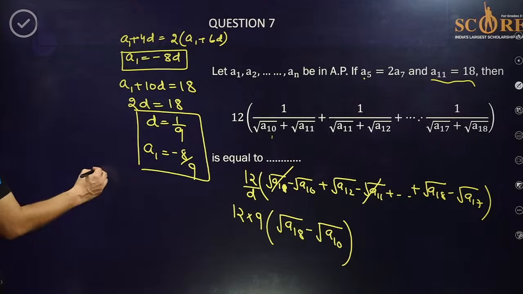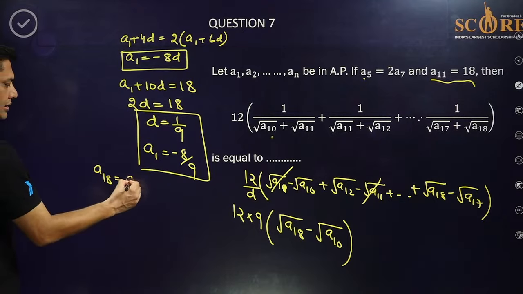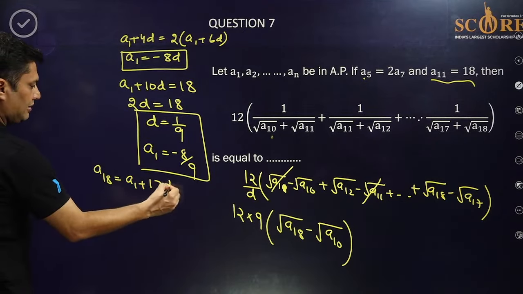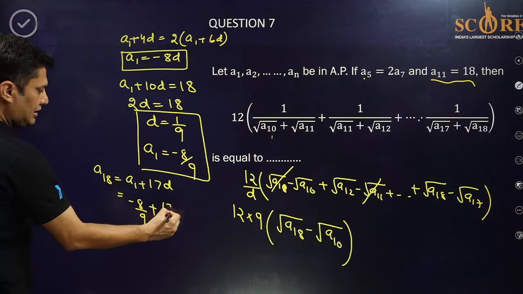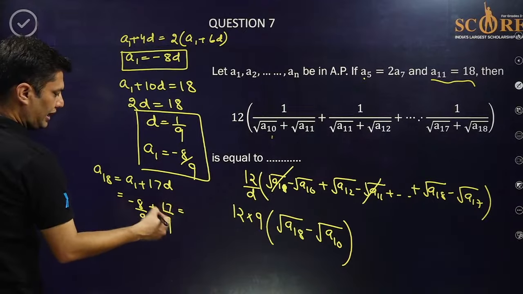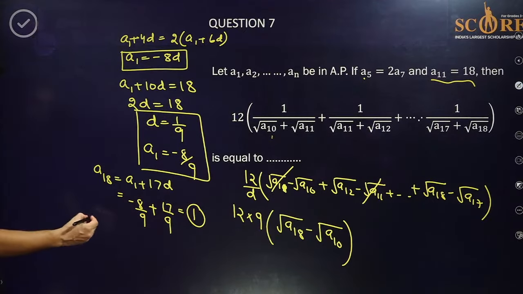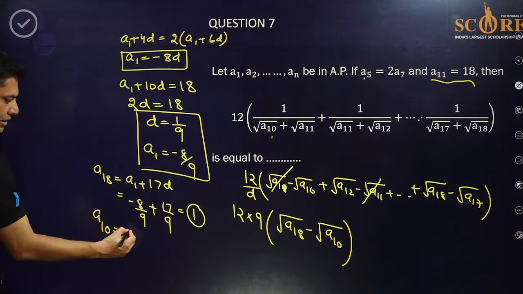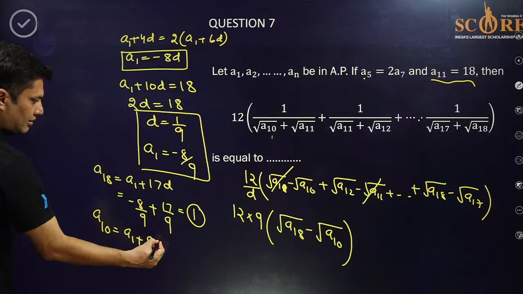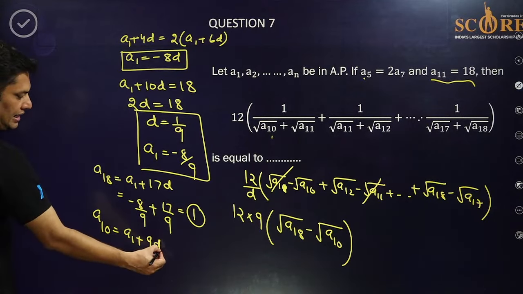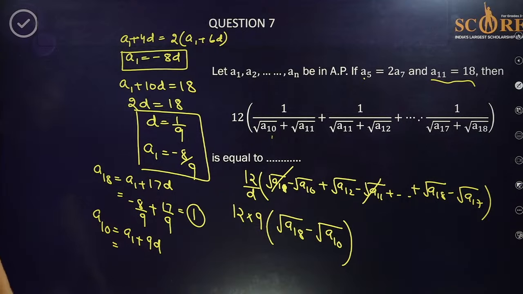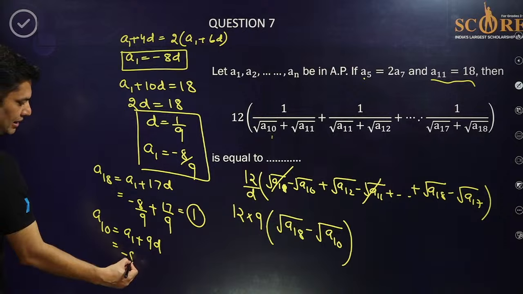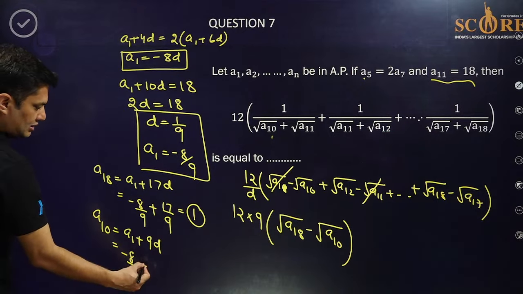What is A18 by the way? A18 is equal to A1 plus 17D. A1 is minus 8 by 9 plus 17 by 9. So it's 9 by 9, 1. So A18 is 1 and A10 will be A1 plus 9D. A1 is minus 8 by 9 and 9D is 1.